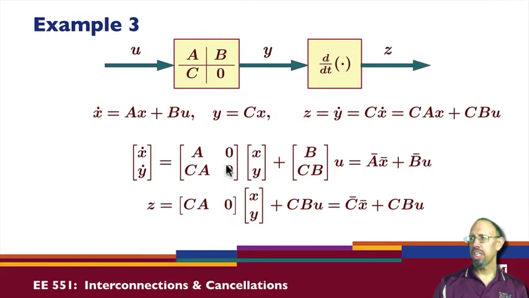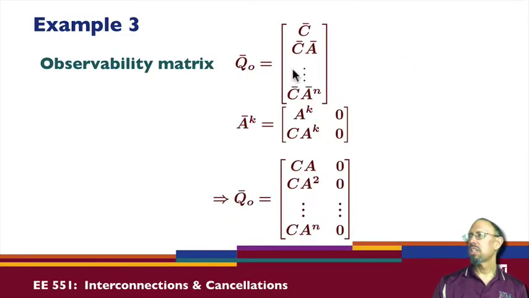And I'm looking here and I'm seeing these zeros coming out and I'm saying, that looks fishy. All right, well, let's check the overall observability matrix. So C bar, C bar A bar, all the way down to C bar A bar to the power N. So A bar to the power K is given by this.